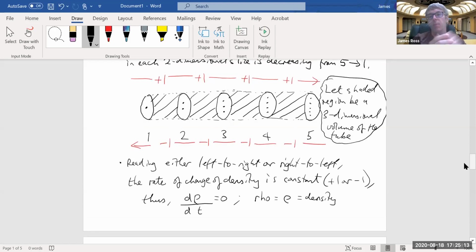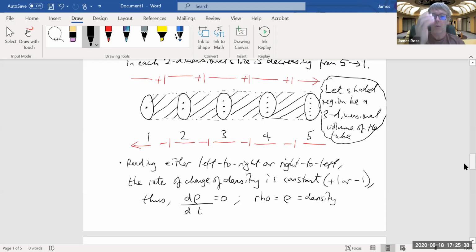Sorry, not the density, the change in density is always the same. The way the absolute density is changing is fixed. So I've got essentially the same increment of change in each section separated by these slices.